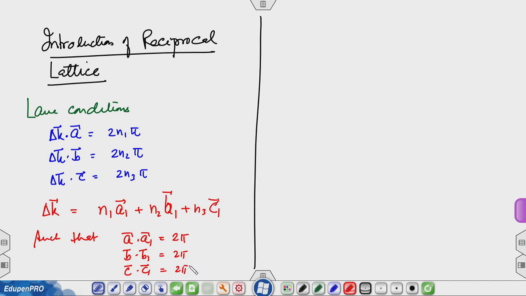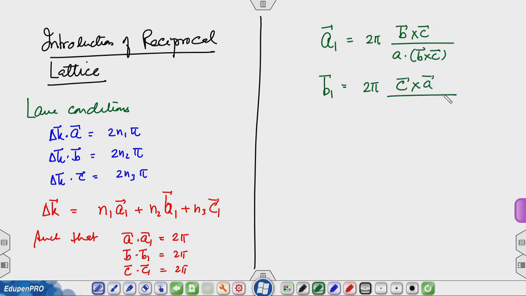These are vectors which are very easy to define, and I am going to therefore write a 1 is equal to 2 pi b cross c over a dot b cross c. b 1 is equal to 2 pi c cross a divided by b dot c cross a, and c 1 equals 2 pi a cross b divided by c dot a cross b.